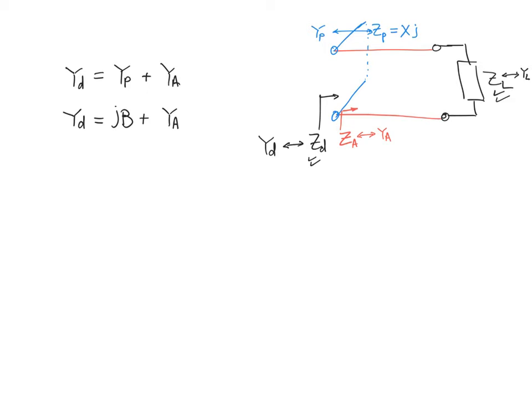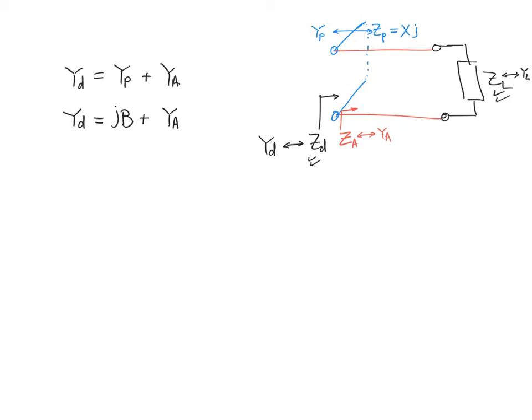Now from this equation we can figure out that YD and YA, the desired admittance and the admittance that we see from the end of the transmission line that we use for the matching, both of these will have the same real value, right?